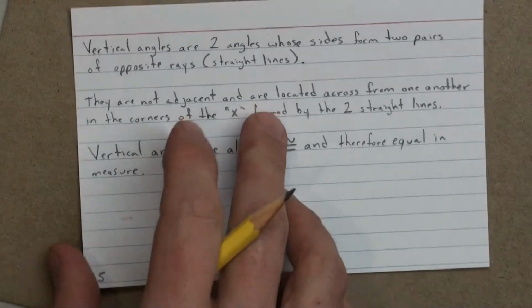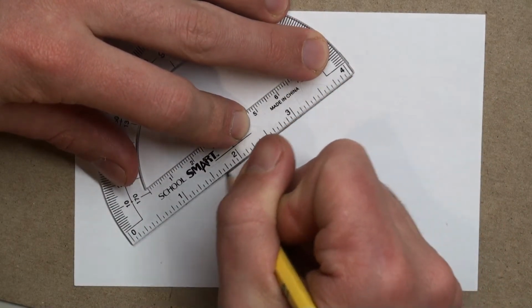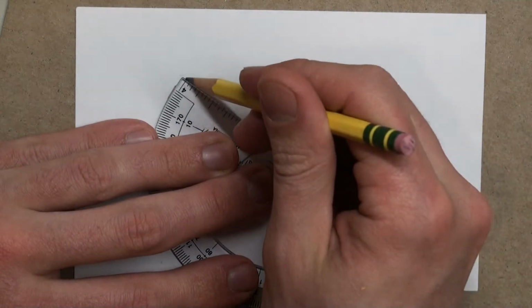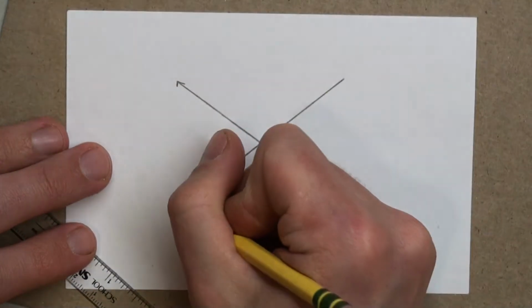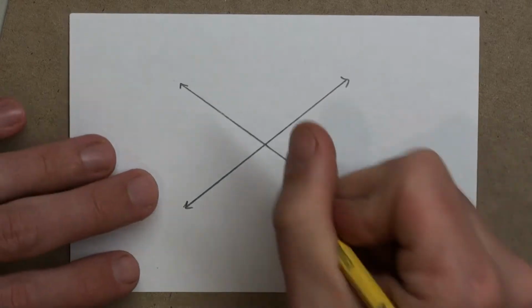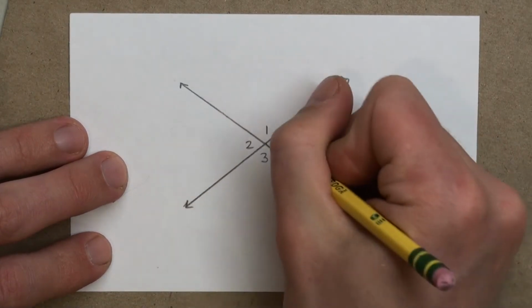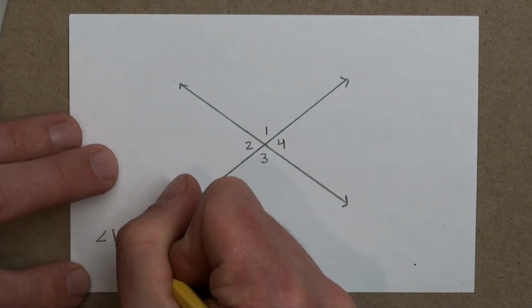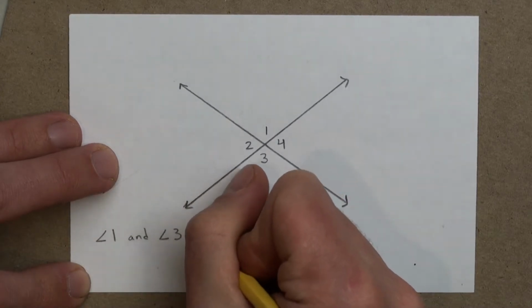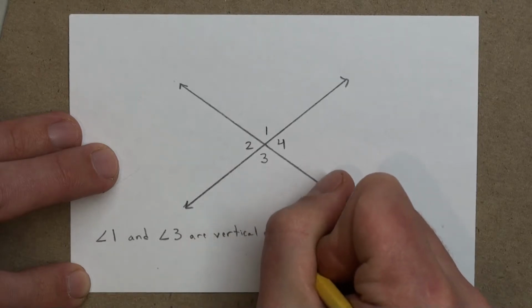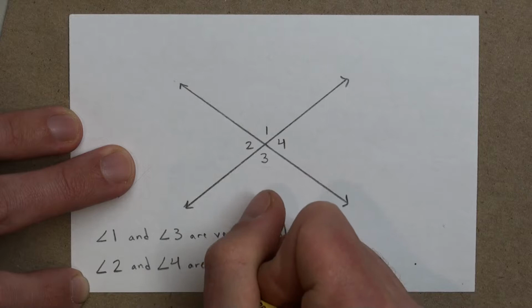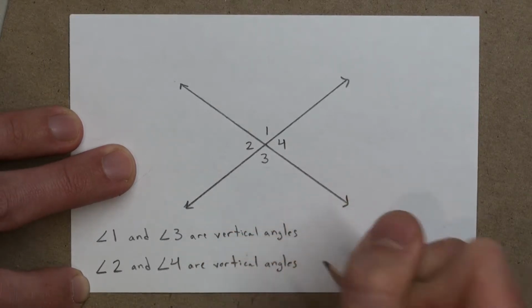Okay, let's draw a picture of this. So angle 1 and angle 3 are vertical angles, and also angle 2 and angle 4 are vertical angles.